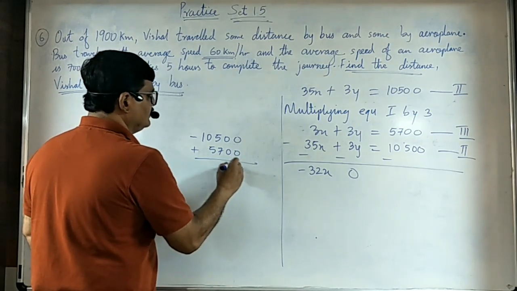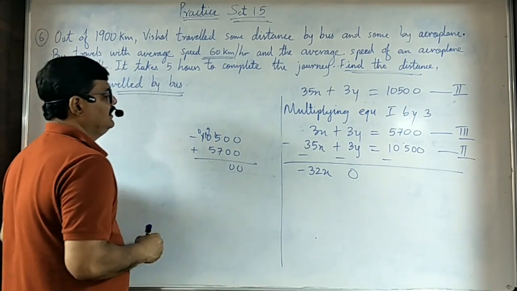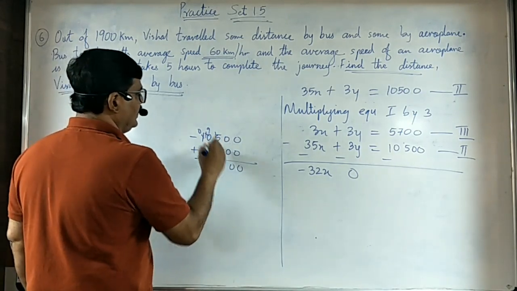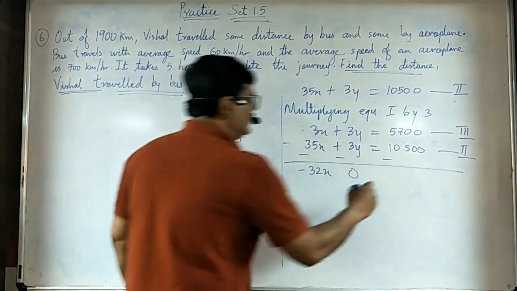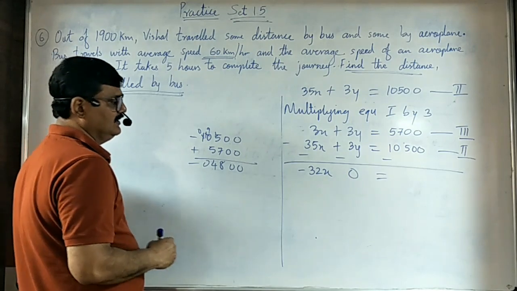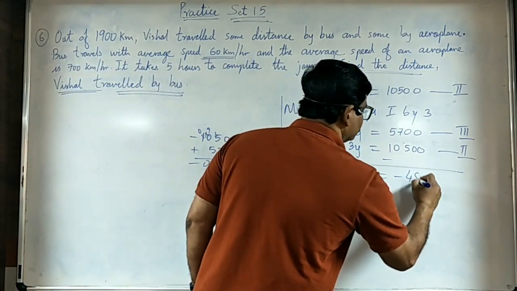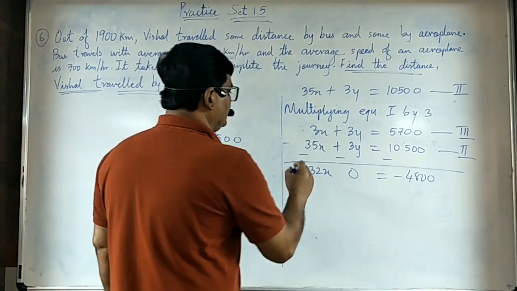Your 0 0, you have to carry, this is 0, this is 10, this will be 9. 15 minus 7, you will be getting 8, and 9 minus 5 is 4, and this will be 0. You are getting a minus sign, because the minus sign is your bigger number's sign. So you will be getting minus 4,800.